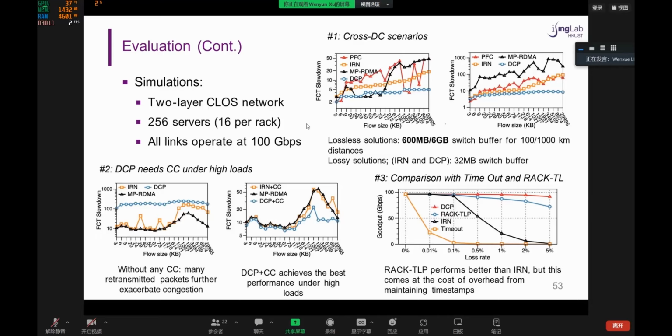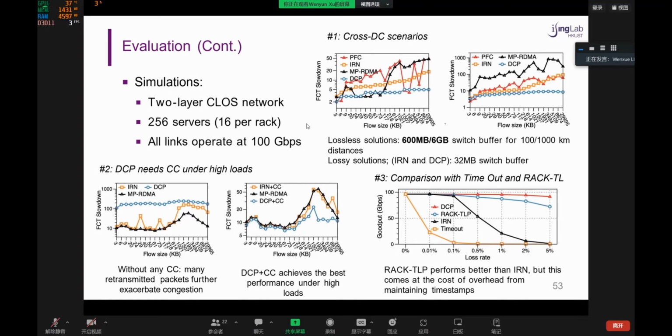However, for the lossy solutions, for example our design DCP or another lossy solution, IRN, we still use a normal 32 MB switch buffer. So even though the lossy solutions use a very small switch buffer, they still achieve better performance.